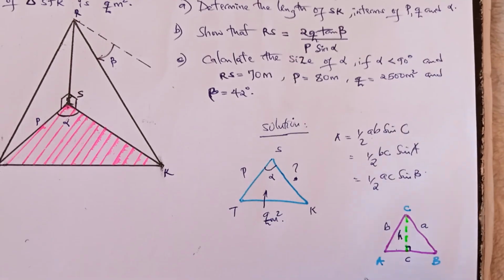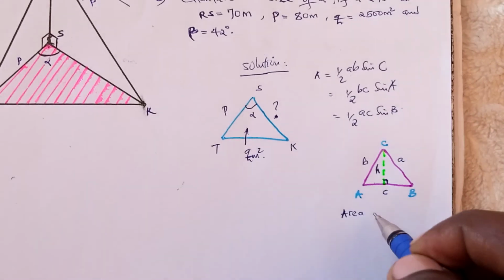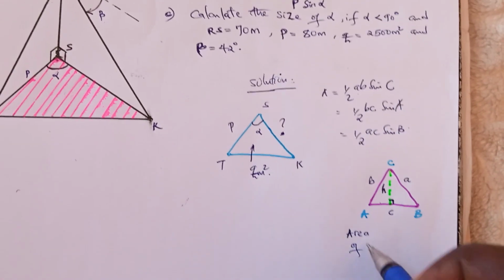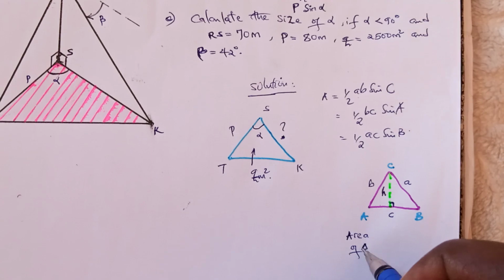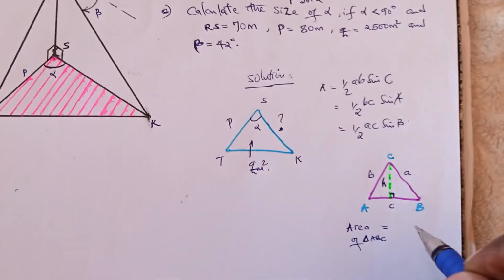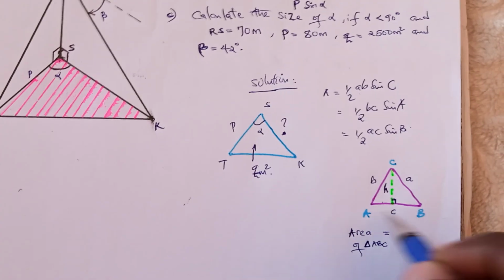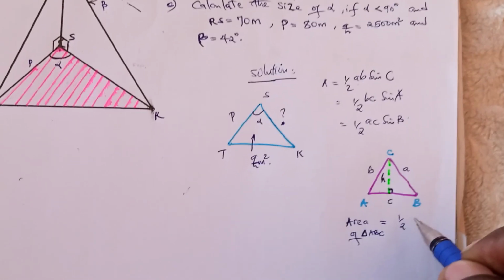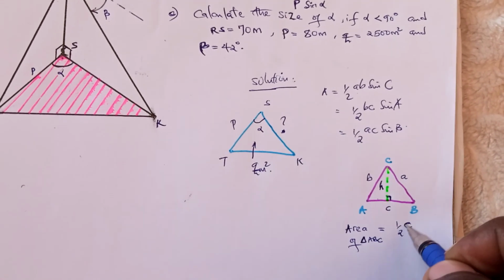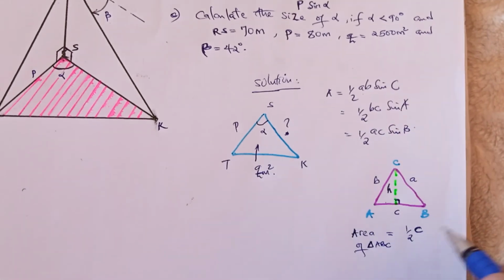We know that the area of triangle ABC, the entire thing, is given by a half times the base, that is AB, small c, times the height h.